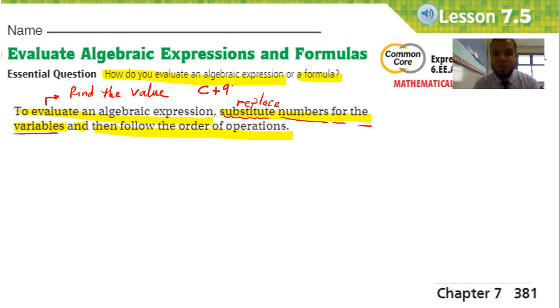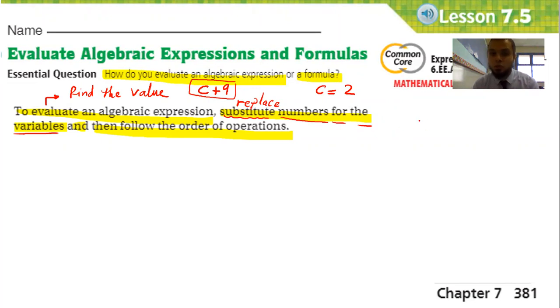What is the variable in this expression? The variable is c. So if you know the number of c, you can evaluate this expression. For example, if I say c equals 2, how can you find the value? Tell me the value of the expression c plus 9.